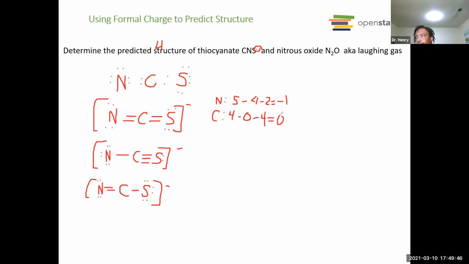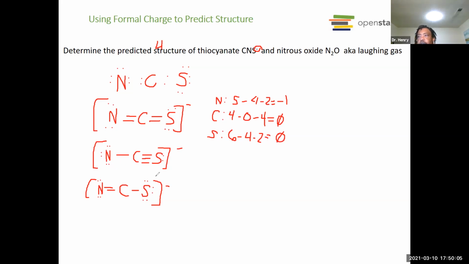That's going to be 0. And then we have sulfur, which has 6 valence electrons, minus 4 lone pairs, minus 2 bonds. So that's going to equal 0.